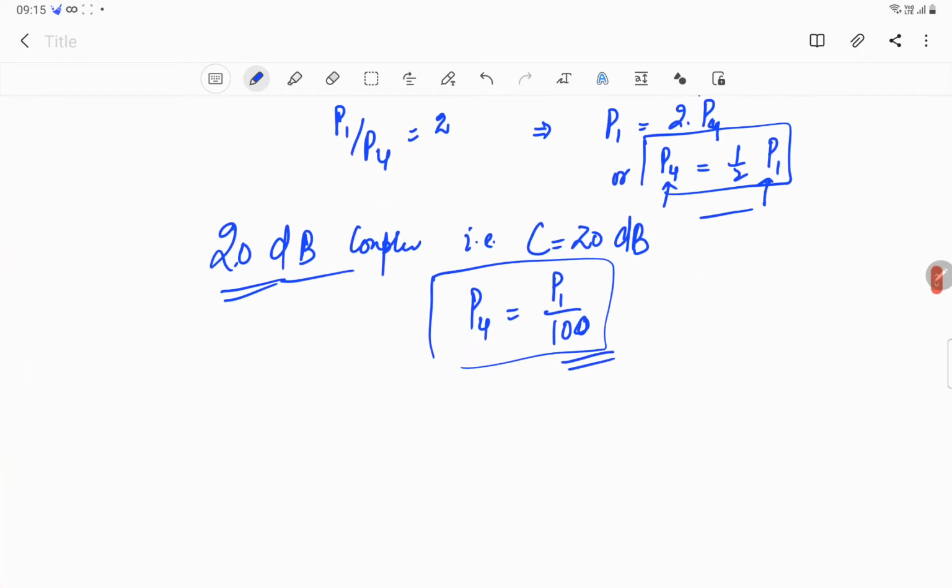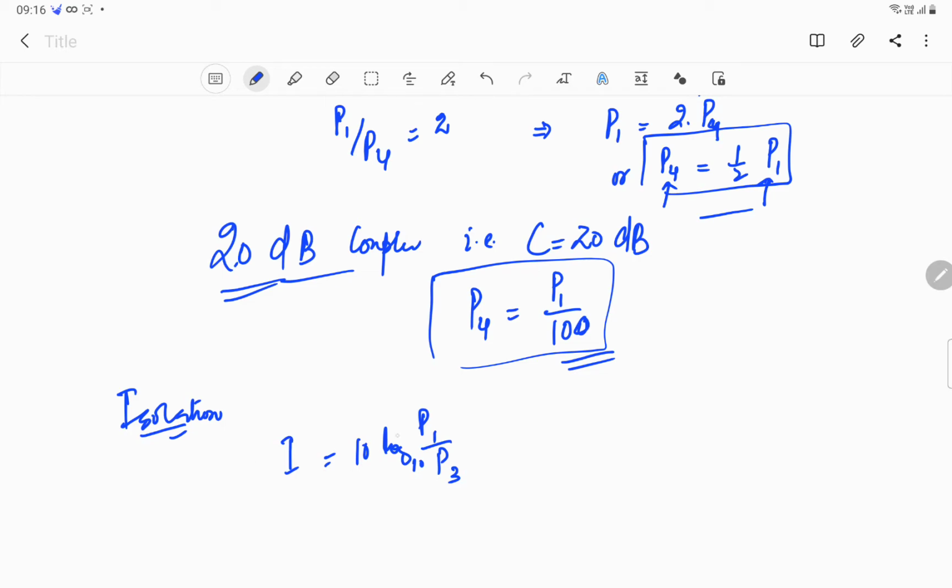Another parameter sometimes used is called isolation. This is also used for describing the directive properties of a directional coupler. Isolation is defined as 10 log 10 P1 upon P3.